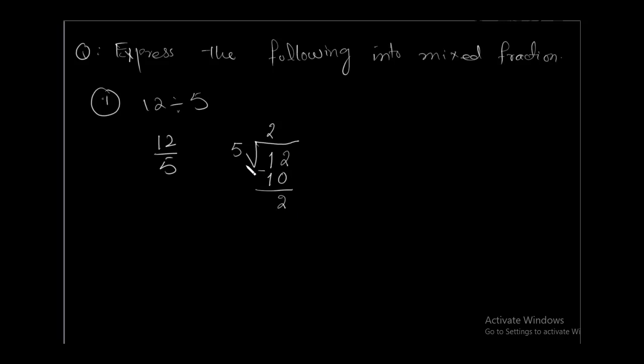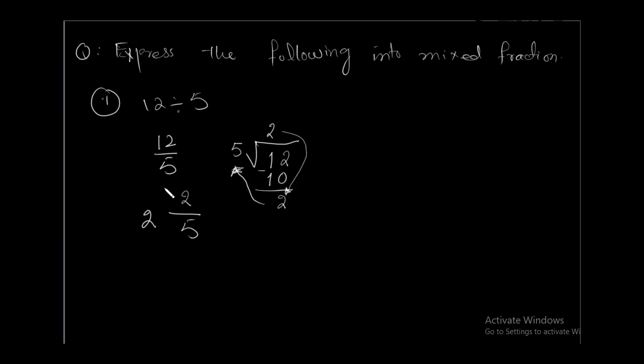Now how can we write the mixed number from this? Let me say this is a cyclic method. I make a cycle. First I write the quotient 2, then I write the remainder 2, and in the last I write 5.